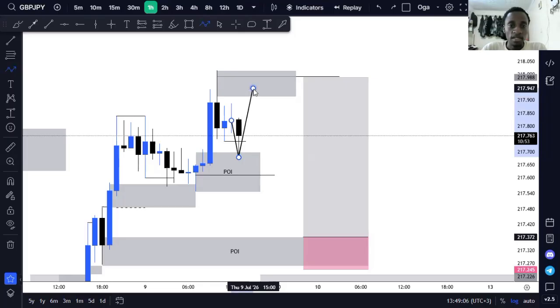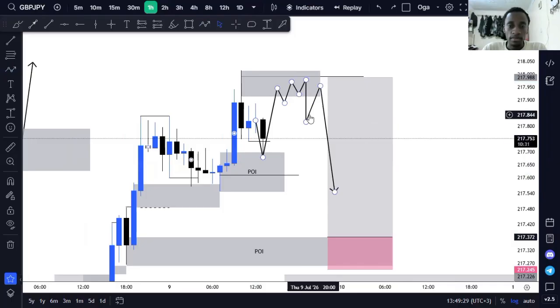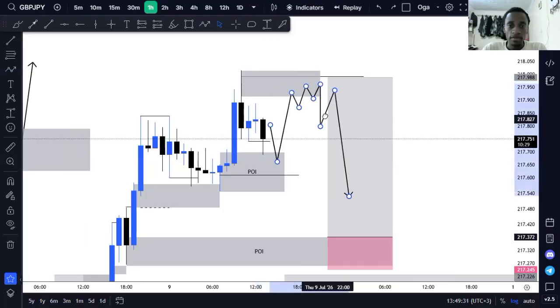So if it does pull back to this area, I'll take this area as my point of interest. From here, if I get another bearish confirmation, then I'll be selling from here to either this area or take out this first low. So let's wait to see whatever forms.